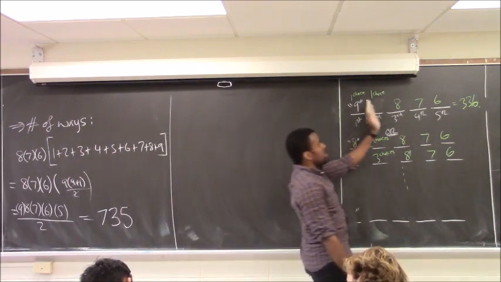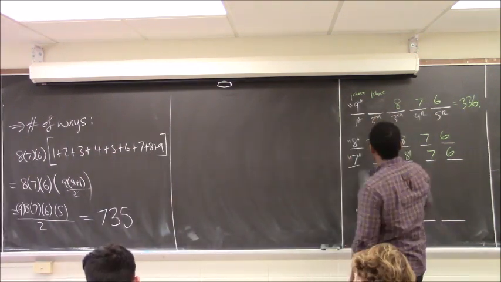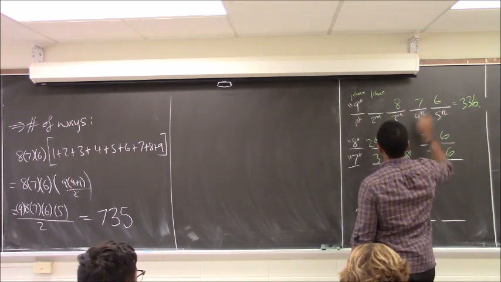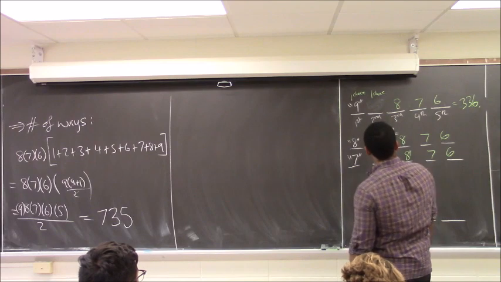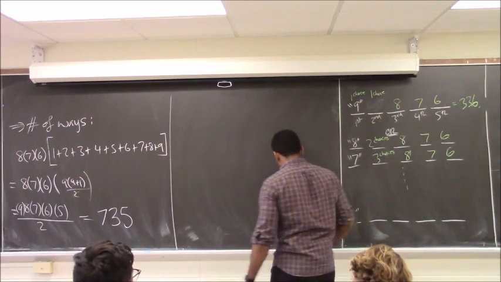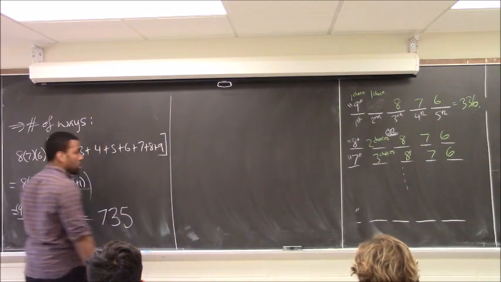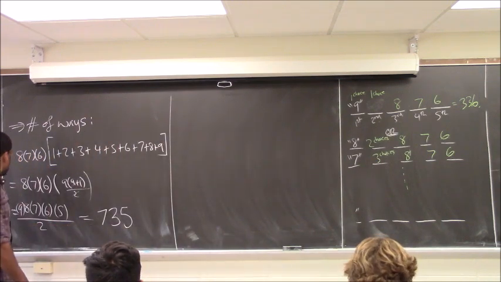Well, 10 times 9 times 8 times 7 times 6. And if you multiply that out, that's the total number of ways it could happen. How many ways could it happen where the second one is larger than the first? 735. I think that's right.